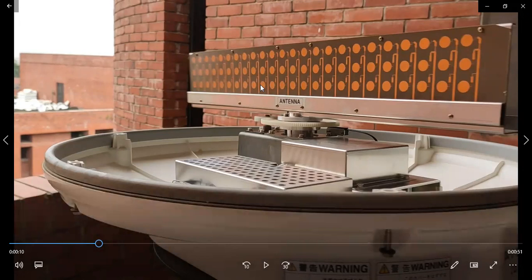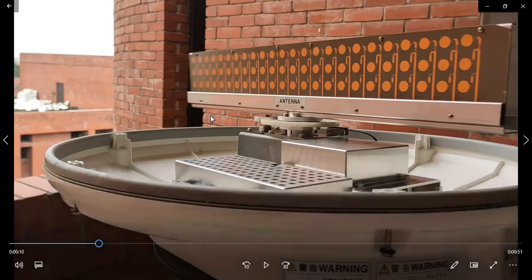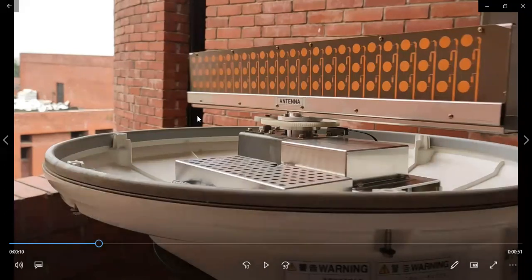Vertically, it is small in width, so the radiation pattern would be wide. Vertically, you can detect objects in many different directions, but horizontally it is narrow, so you can detect the direction of the object. As it rotates, it has a narrow horizontal radiation pattern. In a particular direction, you send your signal and you get the signal back.